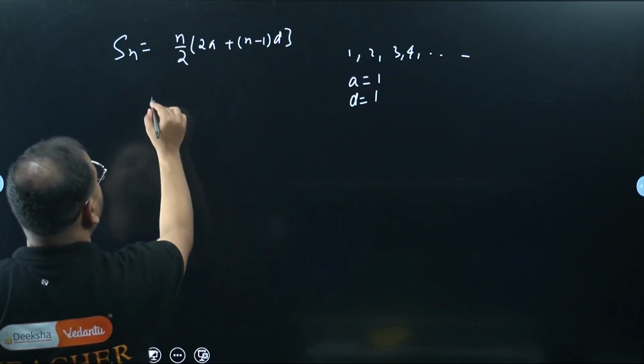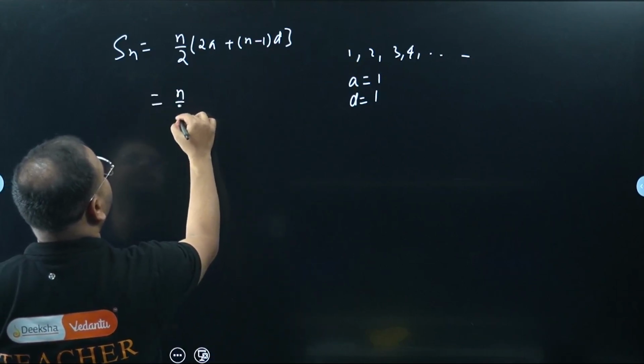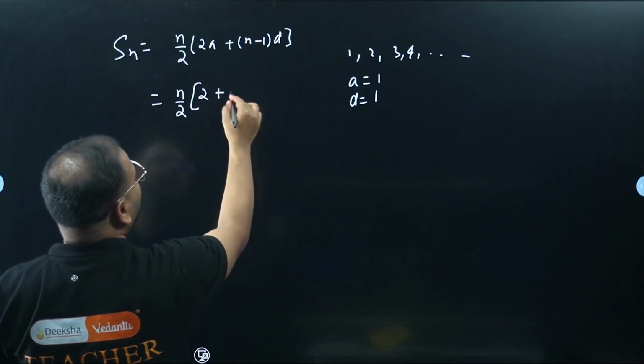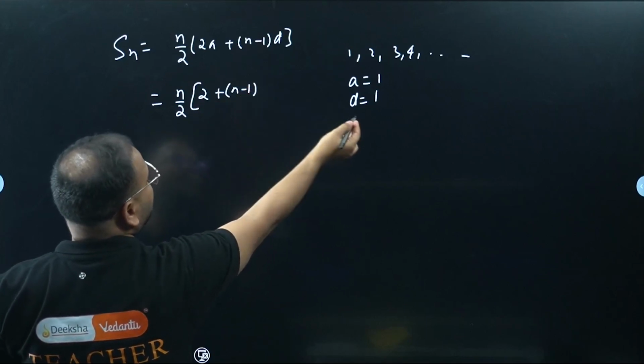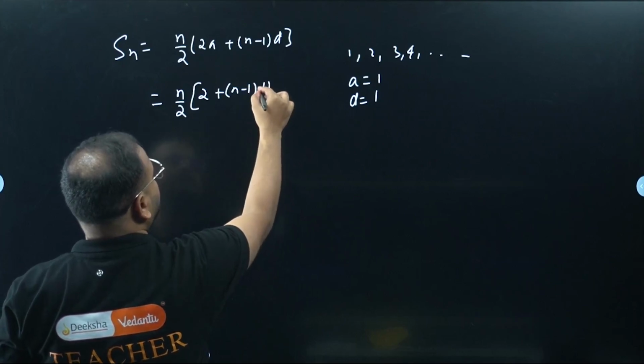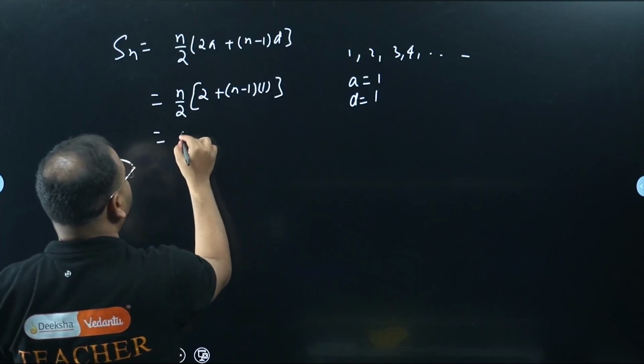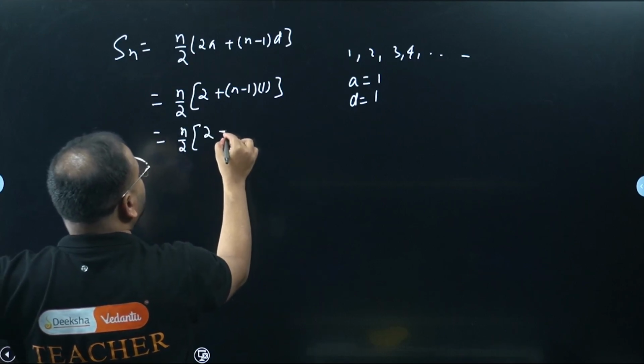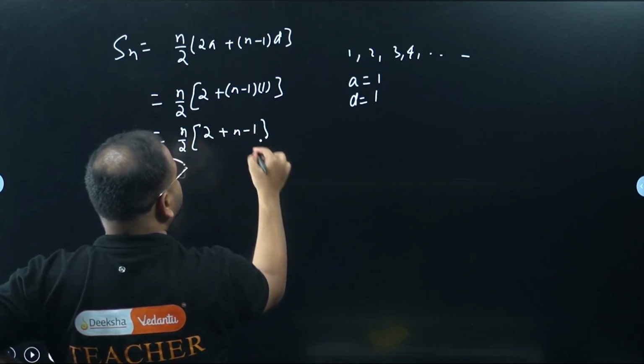So first term is 1, common difference is 1. Put it here. N by 2 will be just n by 2. 2a, 2 into 1 is just 2. Then n minus 1 multiplied with 1. Simplify it. I get n by 2 times 2 plus n minus 1. Am I right?